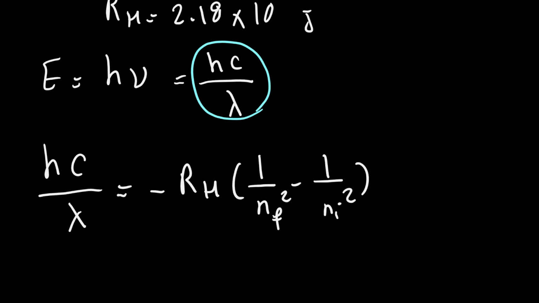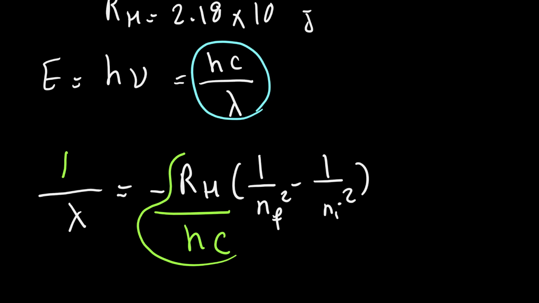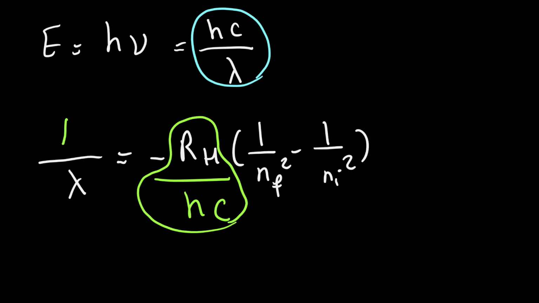If we divide both sides by hc, then we have hc here in the denominator, and here we will have only 1. The value for R_H over hc is equal to 1.097373 times 10 to the positive 7.